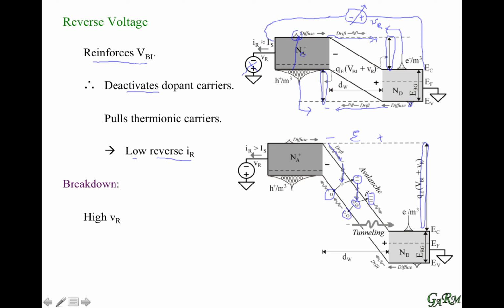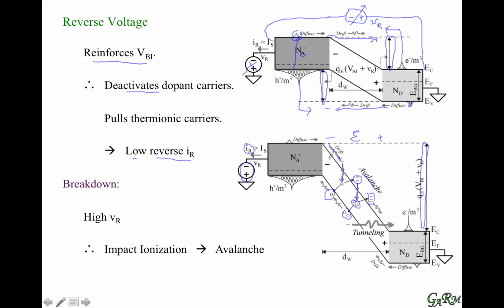This process continues, and the number of charge carriers that are liberated increases avalanche fashion, exponentially, and that creates a current that is significant. So this reverse current becomes very significant when we have a high enough reverse voltage across the junction.